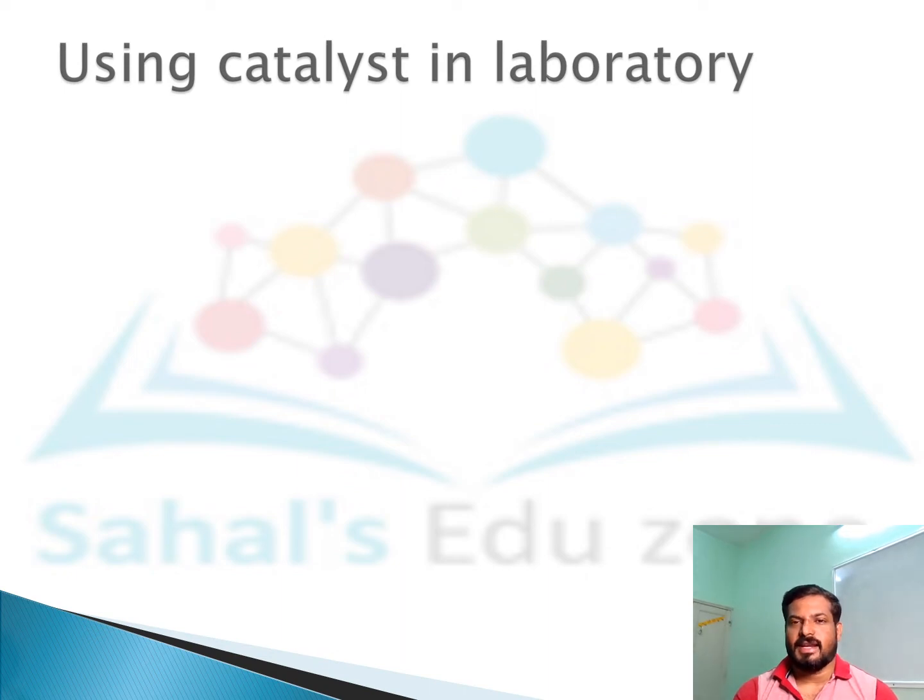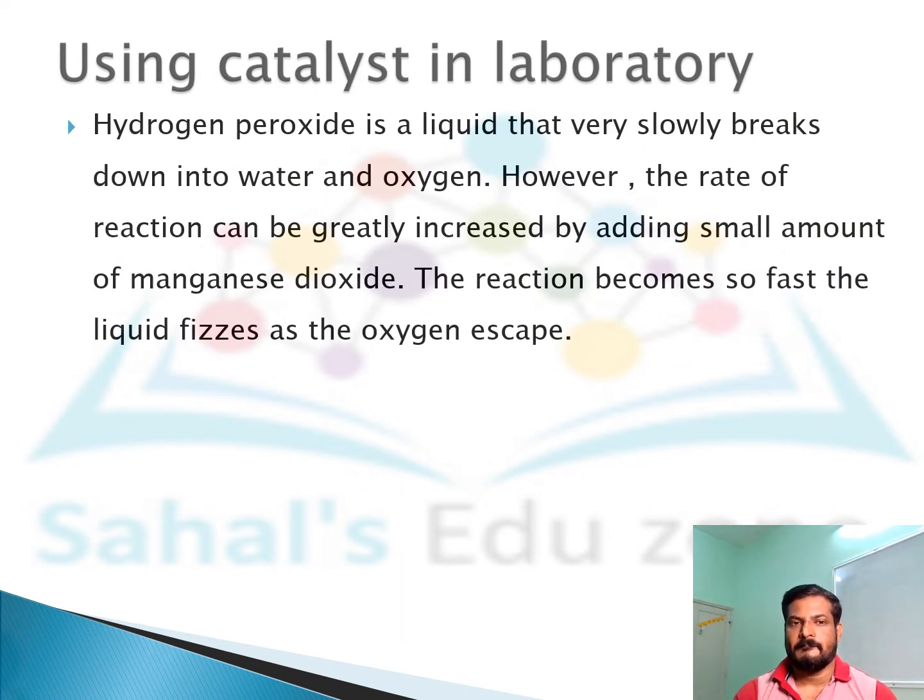Using a catalyst in the laboratory. Hydrogen peroxide, H2O2, is a liquid that very slowly breaks down into water and oxygen. It's a slow reaction. We want to increase the rate. To increase the rate, we add a catalyst. That catalyst is manganese dioxide.